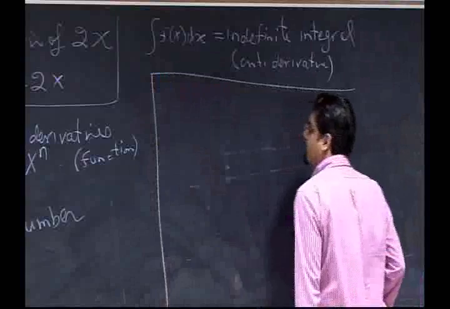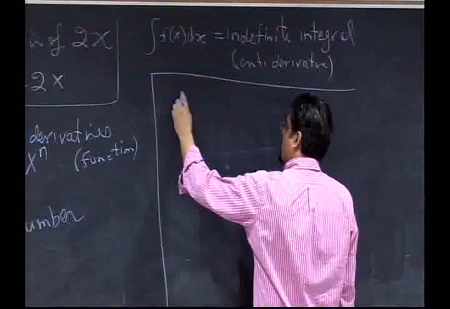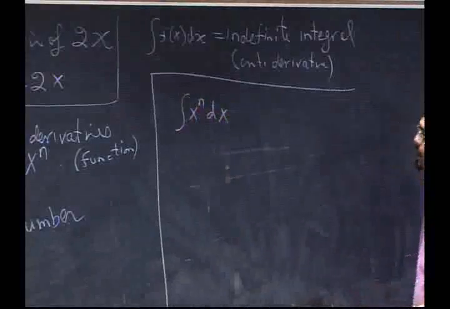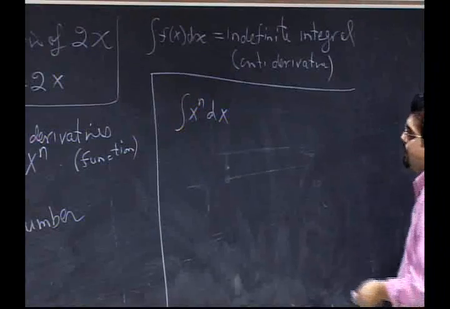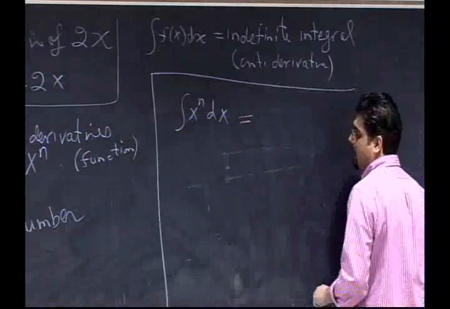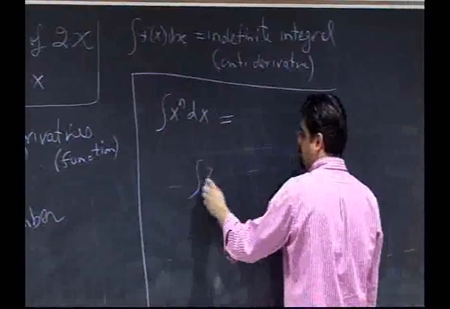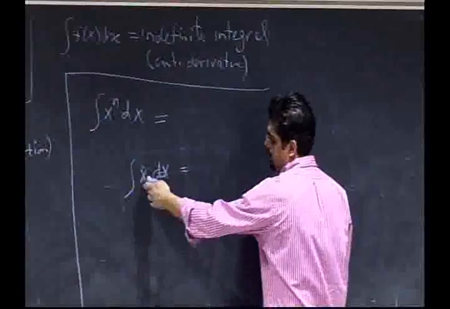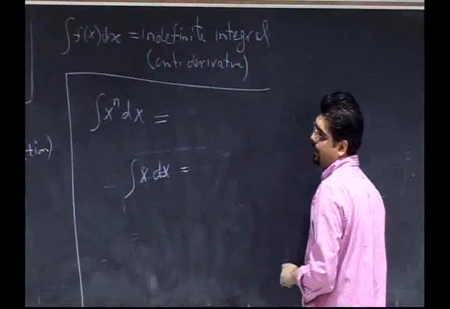Now, we want to come up with a quick way of finding an antiderivative of x to the n when n is an integer. If you just do this with x, what's an antiderivative of x?